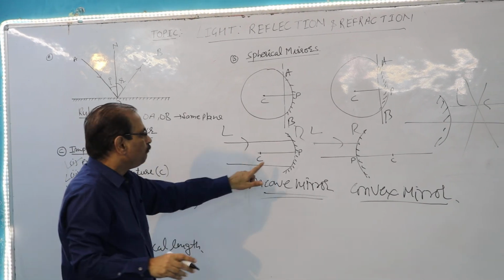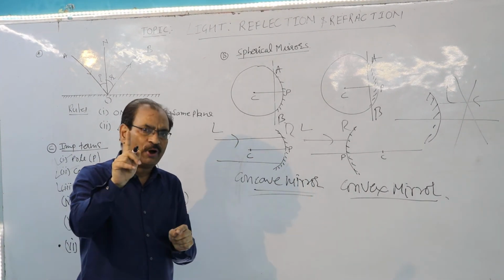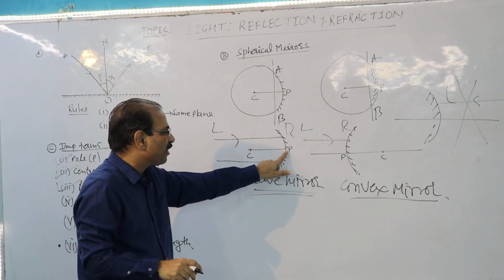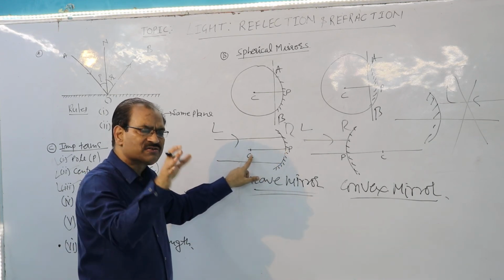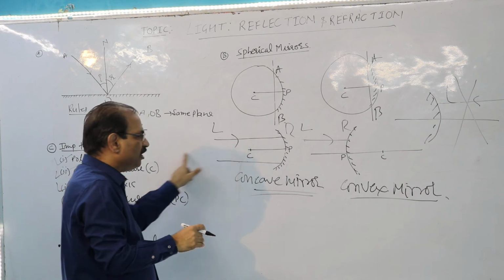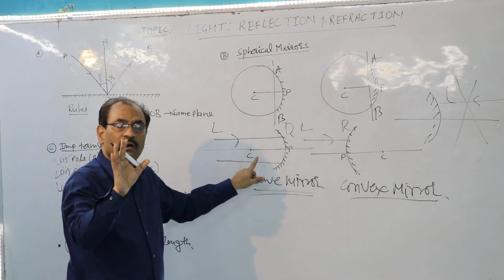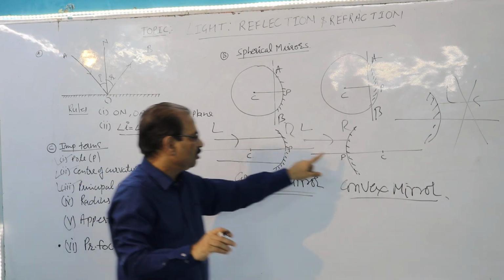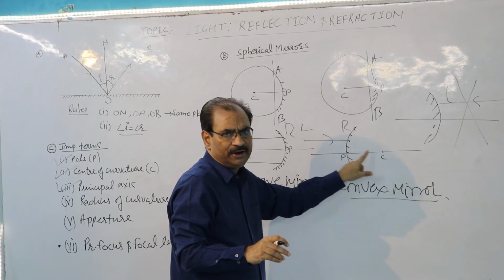Another thing is the principal axis. The principal axis is the straight line which passes through two points. Remember, it must pass through P and C. For our convenience, it can be extended to any extent, maybe in this region or this region. This line is called the principal axis. For the convex mirror, I have already drawn it.